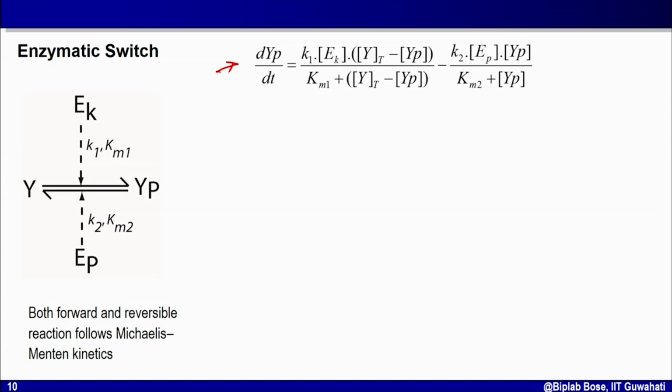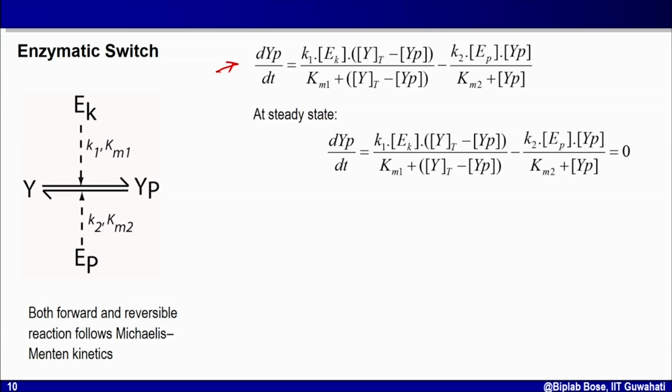I want to characterize the steady state behavior of this system. So that means dYP/dt will be 0. So I can write dYP/dt equal to 0. That means this whole algebraic relation will be equal to 0. And then I can separate out different terms on the left hand side and right hand side. In this case I will try to separate out Ek, the total concentration of kinase enzyme, and YP on both sides of the equal sign.